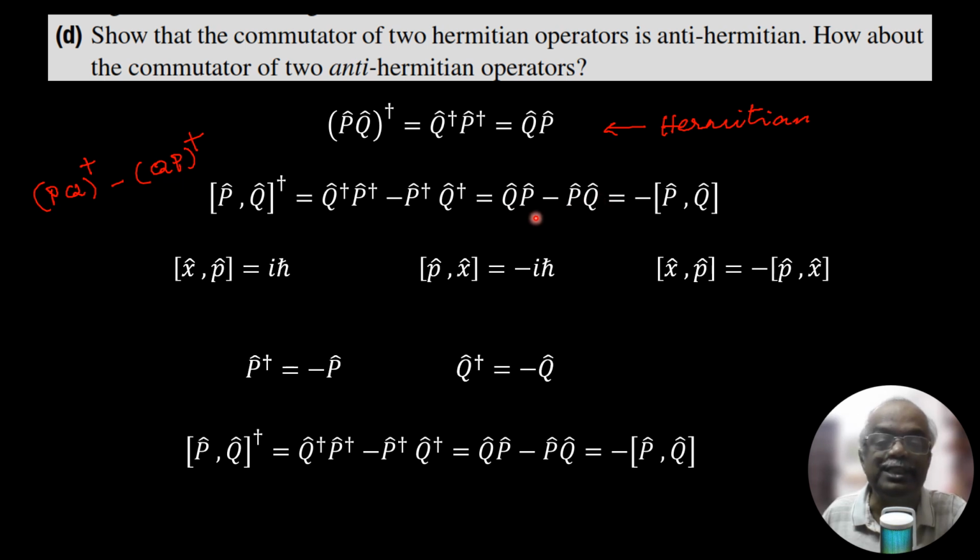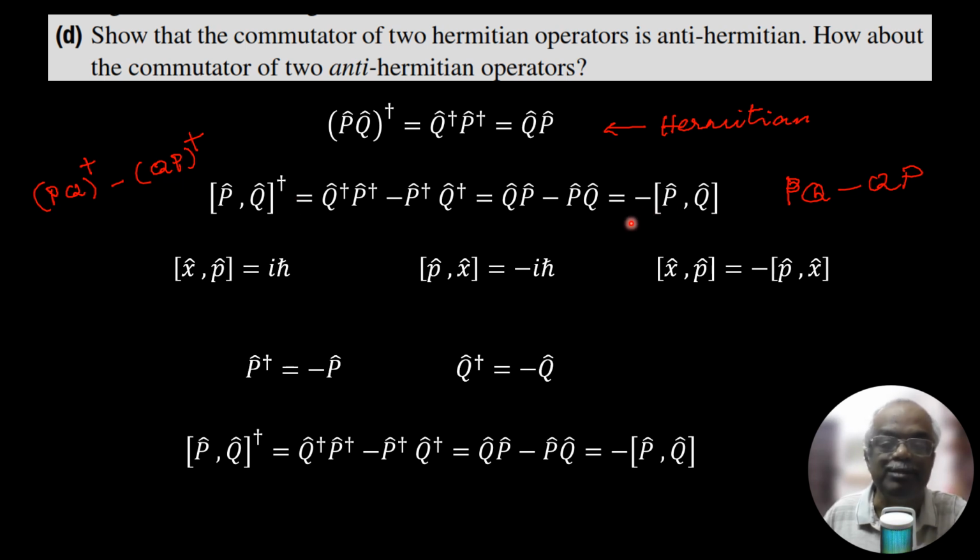You know the commutation of P with Q is PQ minus QP, but here you got QP minus PQ. So there is one negative sign. So the commutator of Hermitian operators is anti-Hermitian.